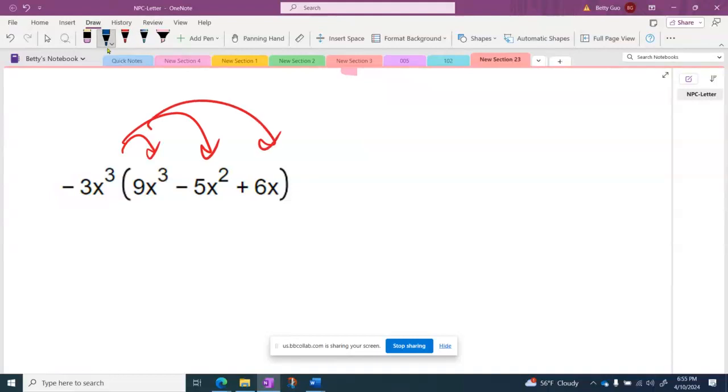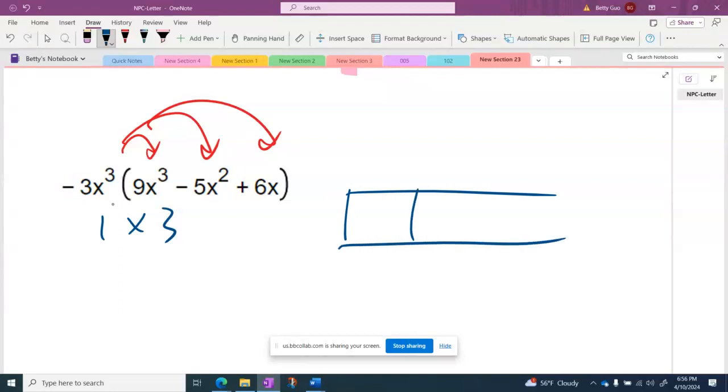Or as I mentioned, we can use the 1 by 3 box, right? Write the monomial on the side of the box. Write the trinomial on top of the box: 9x cubed, negative 5x squared, 6x. Now let's multiply.